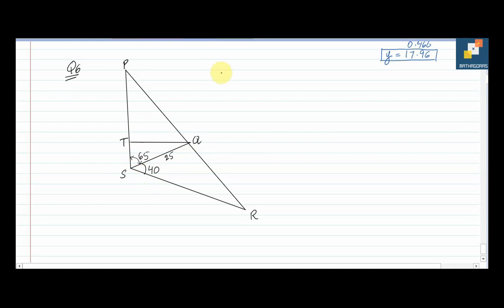Find the length of TQ, PT and PR. So that is our question. We need to find the value of TQ.